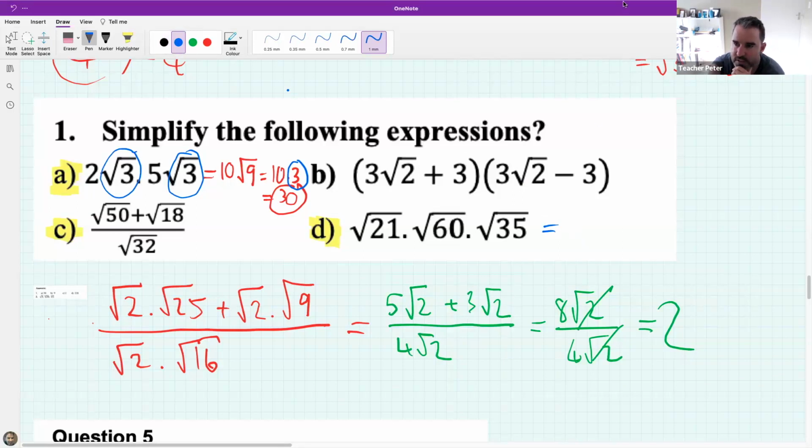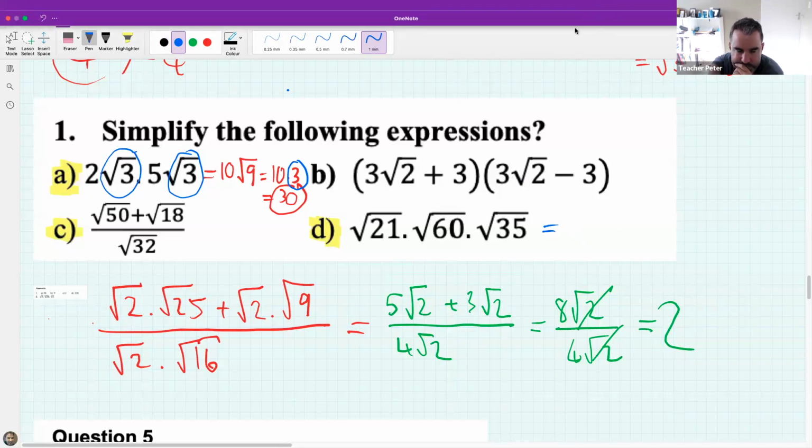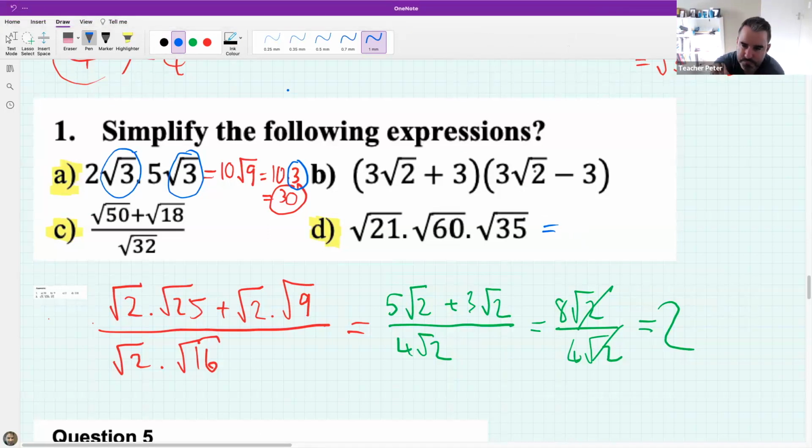What are we going to get for D? 21. I feel like there's nothing perfect about 21, so I'm just going to go with 3 and 7. And then for 60, what can go into 60?